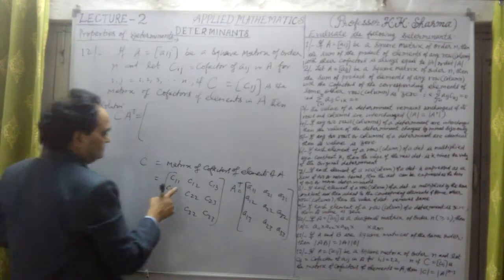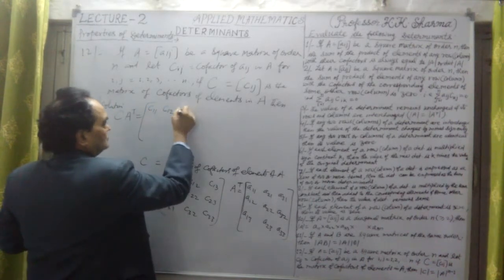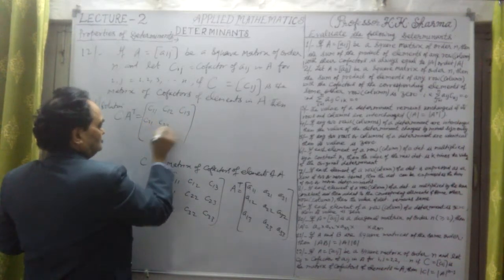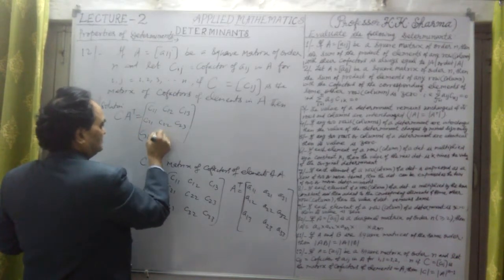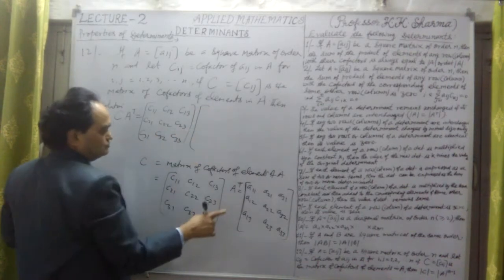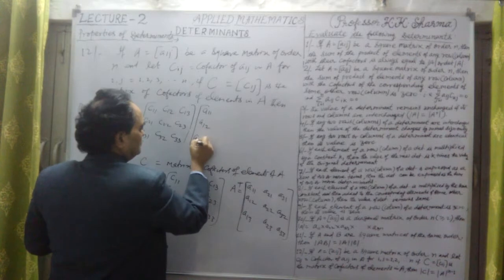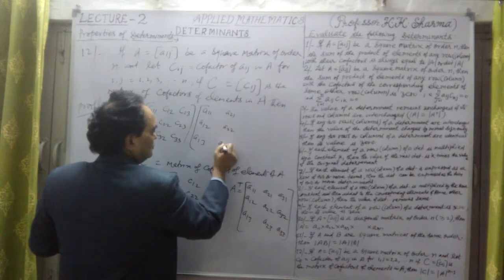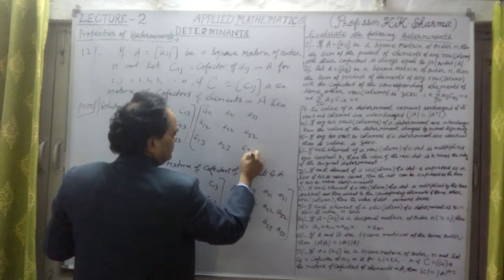Let me write them. C is here: C11, C12, C13, C21, C22, C23, C31, C32, C33, into A transpose, which is A11, A12, A13, A21, A22, A23, A31, A32, A33.